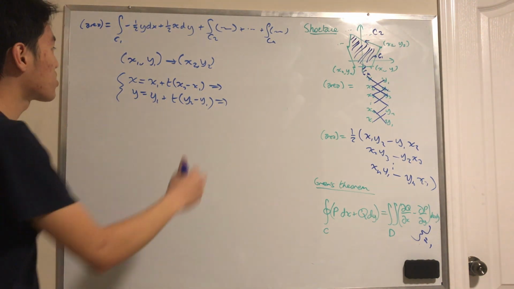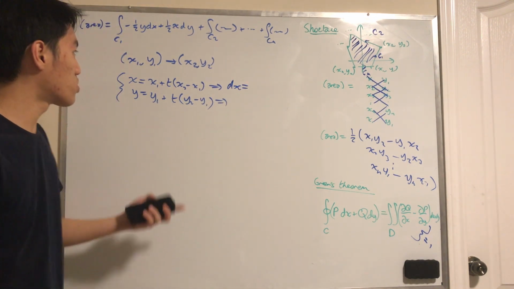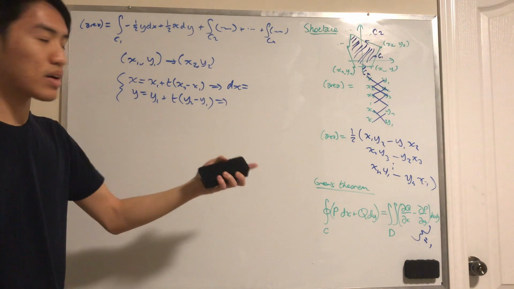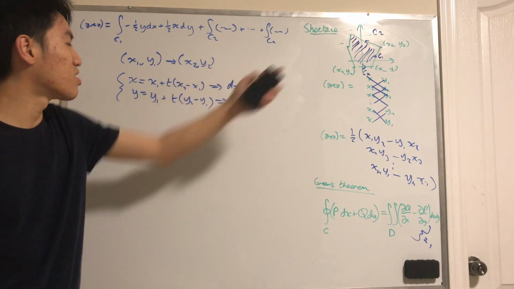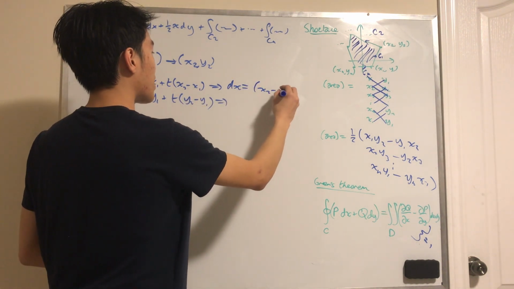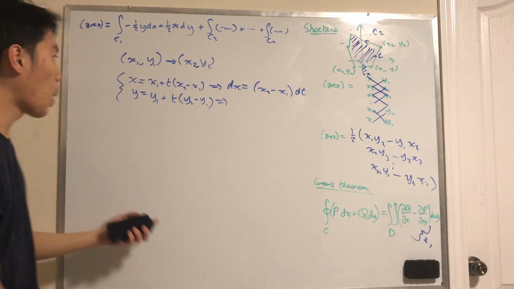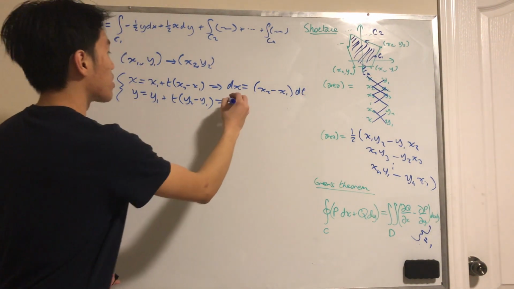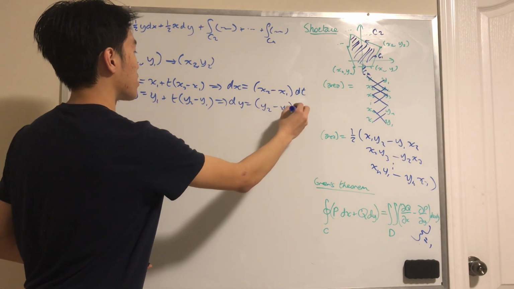So we'll find the differential here. dx is equal to, taking the derivative of both sides with respect to t, x1 is a constant, so it vanishes. In the end, we get x2 minus x1 dt, because the t becomes a dt. Same thing here: dy is equal to y2 minus y1 dt.